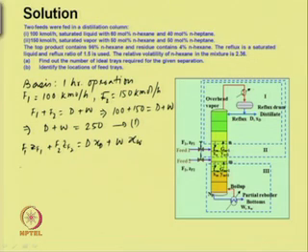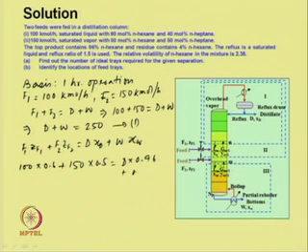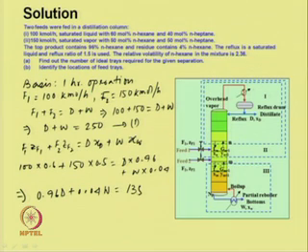We can write 100 into 0.6 plus 150 into 0.5 would be equal to D into 0.96 plus W into 0.04. This would be equal to 0.96 D plus 0.04 W would be equal to 135.